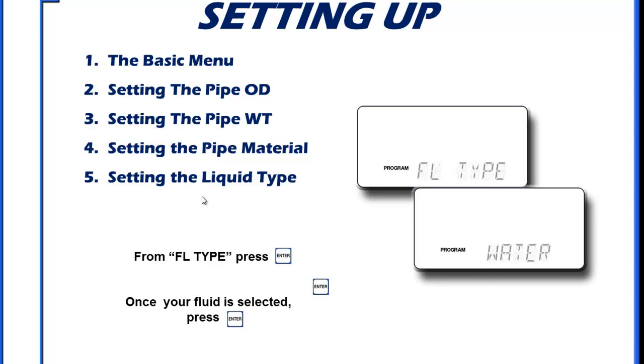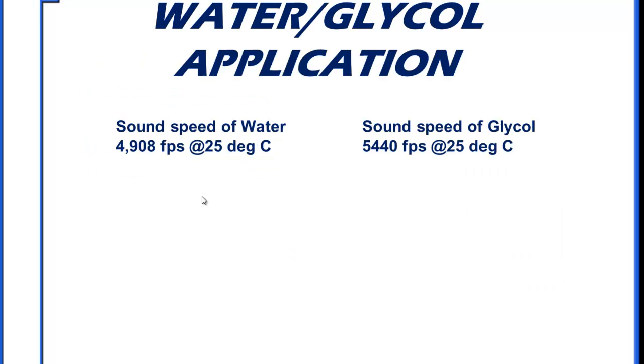Or what if you have a mixture of two process liquids? Say you're putting this in an HVAC application and you have water and glycol. What do you do? In the old days, you had to crunch out some specific numbers. You would take the sound speed of water, which is roughly 4,900 feet per second, and the sound speed of glycol, which is roughly 5,440 feet per second, and you would have to do the math.